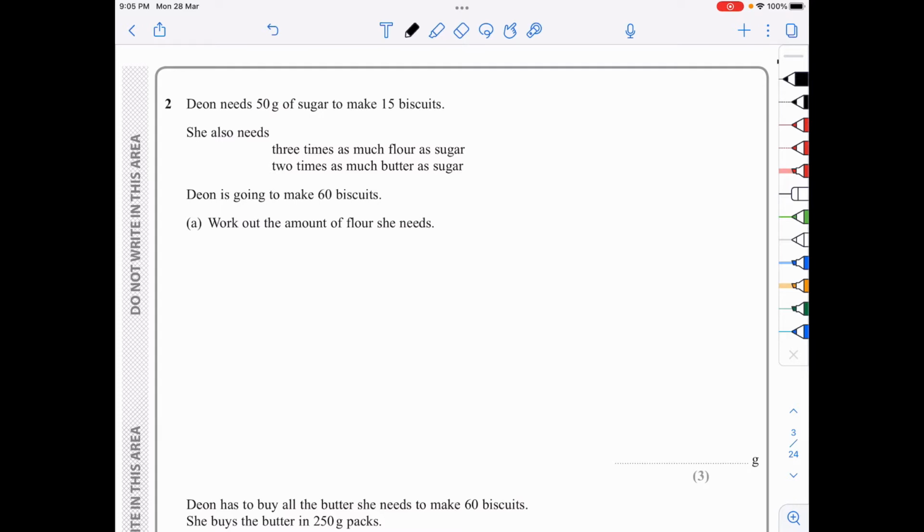So I will need in total 50 grams times 4, which is 200 grams of sugar. And to find the amount of flour needed, it says that it's 3 times. So I'll multiply this by 3 and I get 600 grams of flour.